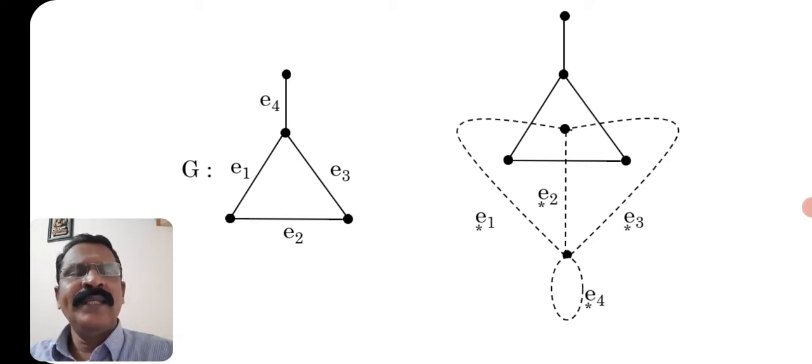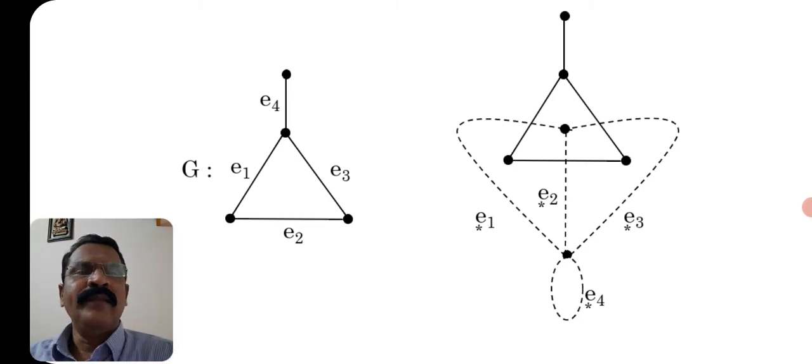Similarly, the edge E2 is a common edge between the interior face as well as the exterior face, so there must be one edge crossing E2, joining again those two vertices. Similarly, E3 is also a common edge, so again we have joined those two vertices by an edge E3 star.